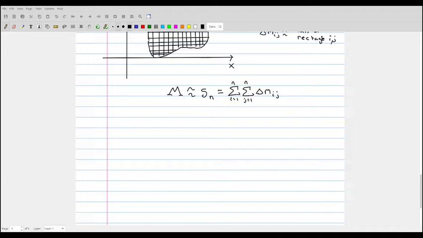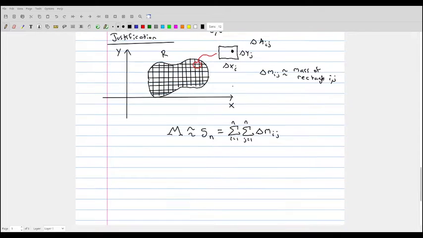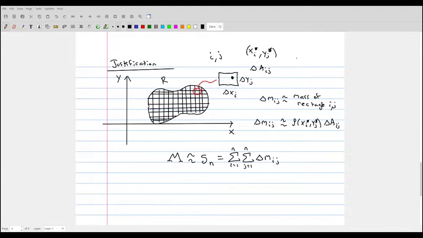Well, we know that delta Mij for very small values of the rectangle is going to be approximately equal to the density at the sample point multiplied by the area of the ijth rectangle, because the density function at the sample point is approximately equal to the amount of mass contained in the ijth rectangle divided by the total area of the ijth rectangle.